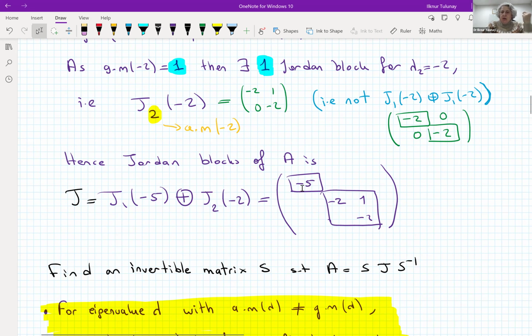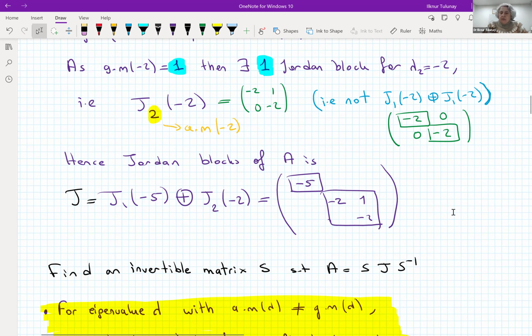So it is a 1 by 1 matrix, just -5. And we found here one Jordan block. It is a 2 by 2 matrix, but it is one block because we have only one eigenvector. We cannot separate it. So we have -2, -2, and 1. All the other places are 0. So this representation is called the Jordan blocks of the matrix A.